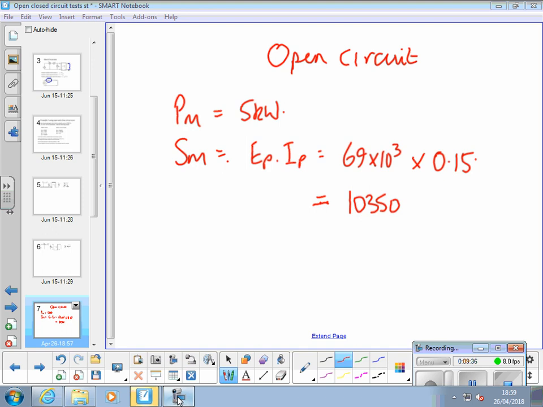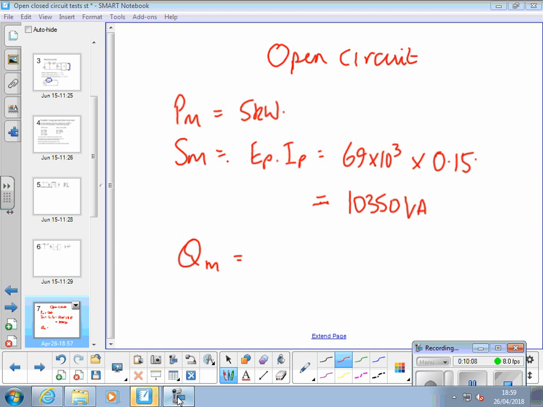Power P is in watts. S is VA, volt amperes. Alright? What can we find now? Now we know PM and SM, so we can find QM. How do we do that?